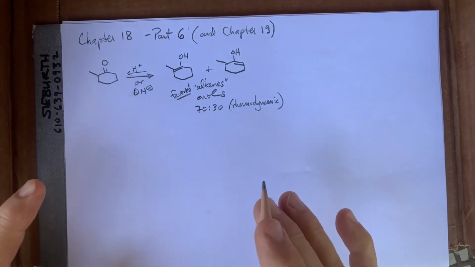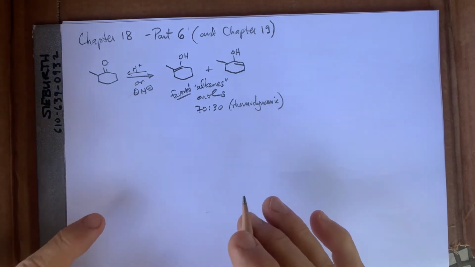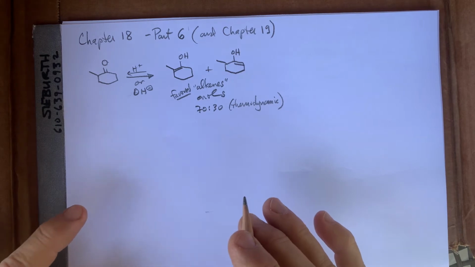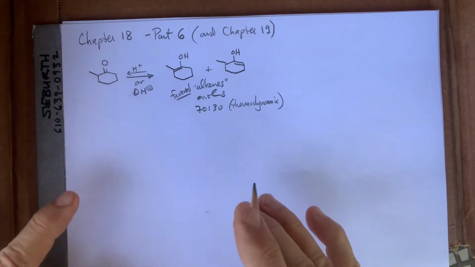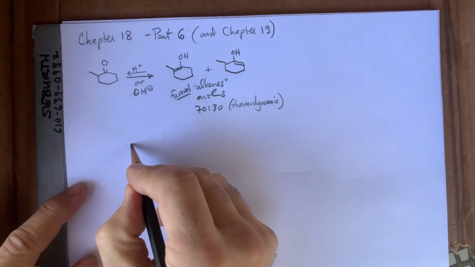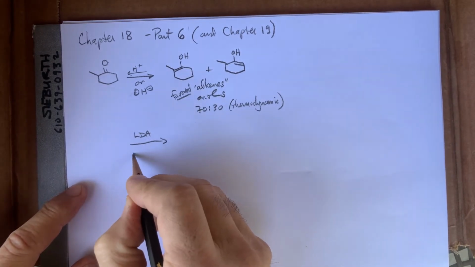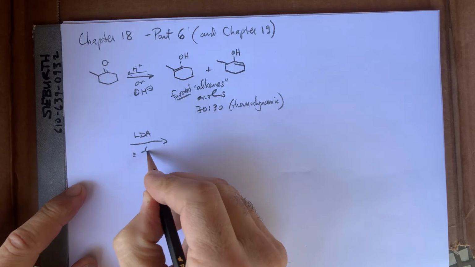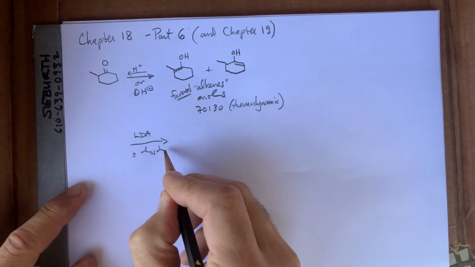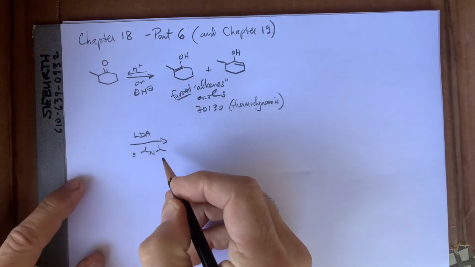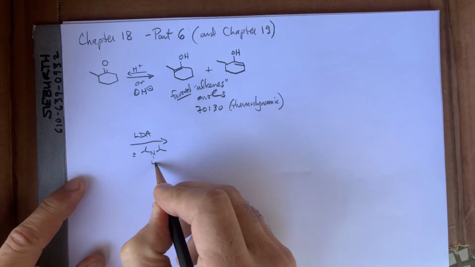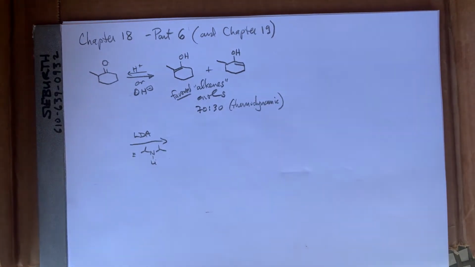Now, if you have a stronger base, and you have to have a stronger base if you want to go completely over to the enolates, the way you do that is with LDA, which of course is lithium diisopropylamide, which I'm going to draw with a covalent bond between nitrogen and lithium.